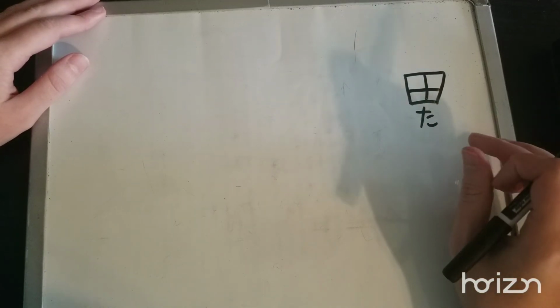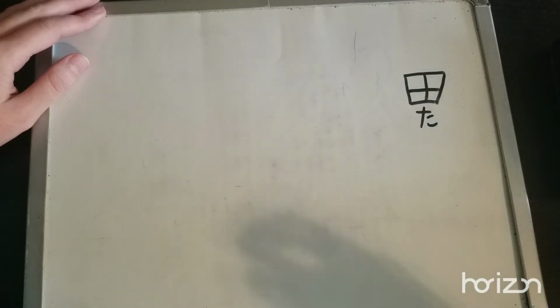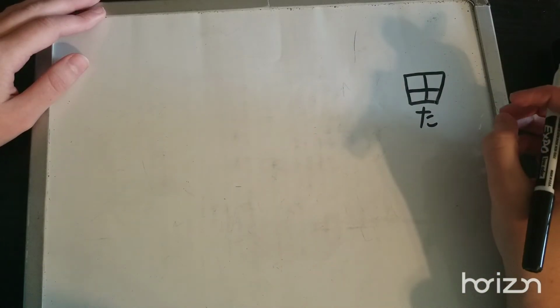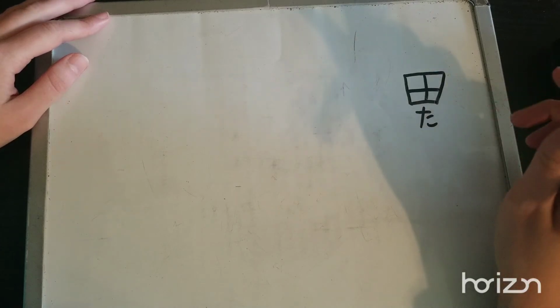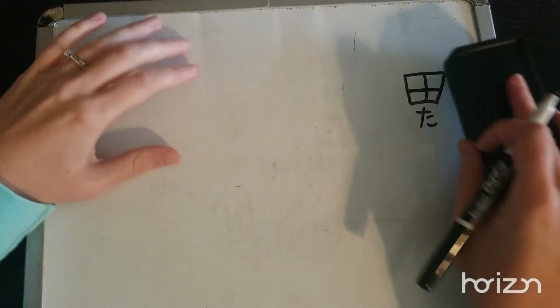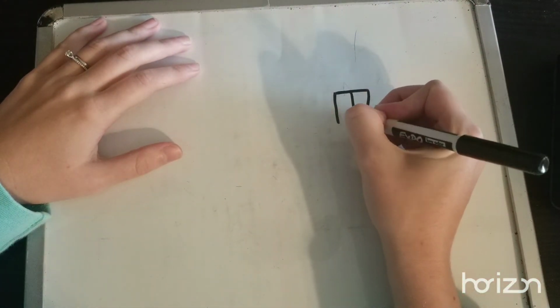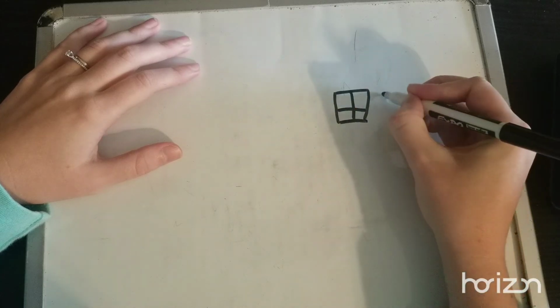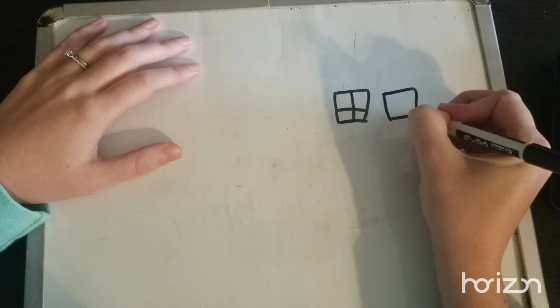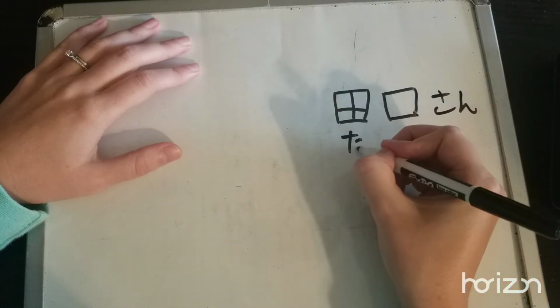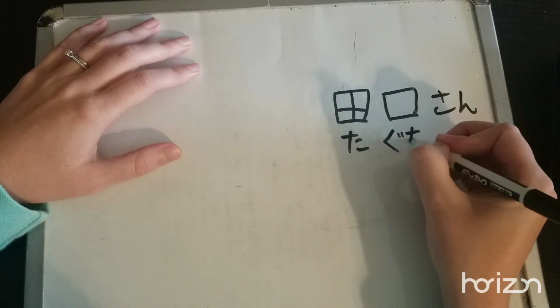Generally speaking, a hiragana that can take dots does take dots, with exceptions. So for example, Taguchi-san, Mr. and Mrs. Taguchi.